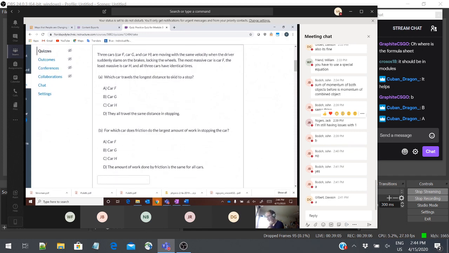So that's good news. 3 cars are moving with the same velocity when the driver suddenly slams on the brakes, locking the wheels. F has the most mass, H has the least mass, and all cars have identical tires. Which car travels the longest distance to skid to a stop? Tell me what concept this question is about.